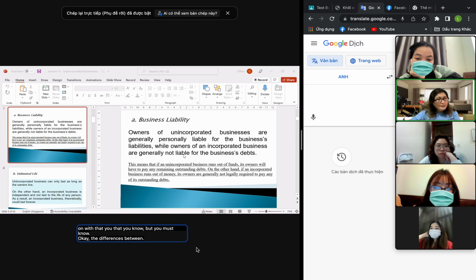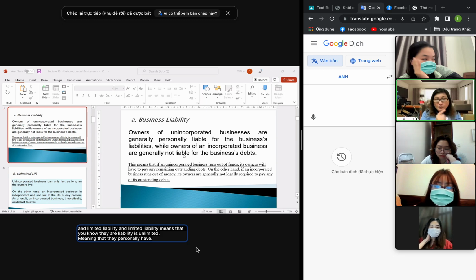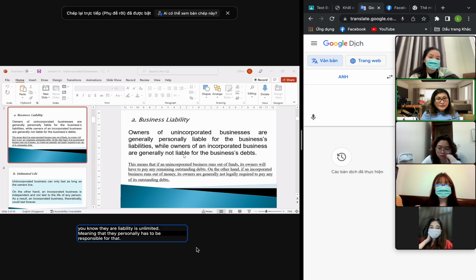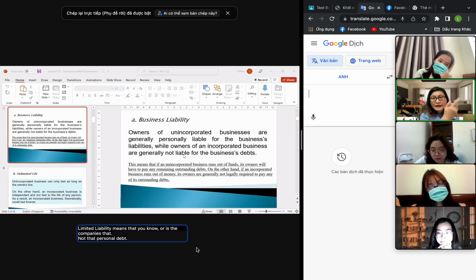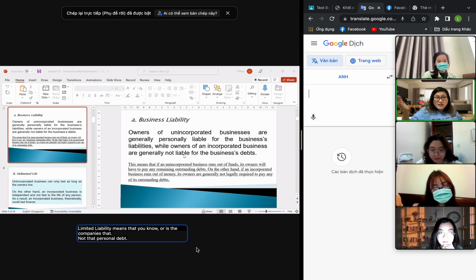Unlimited liability means they personally have to be responsible for the debt; it's the owner's personal debt. Limited liability means it's the company's debt, not personal debt, so they are not personally liable for it.